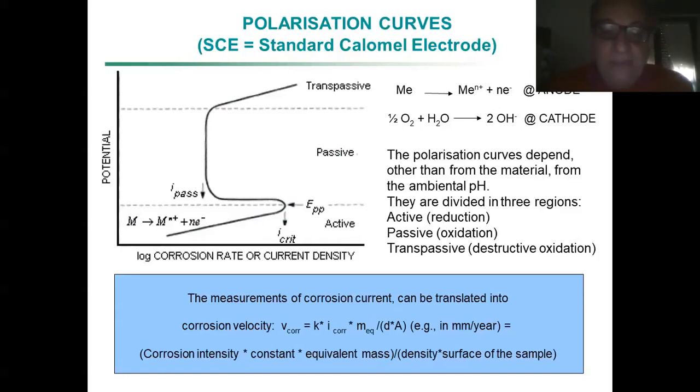But apart from this consideration, what is important is that in our application of a potential, we distinguish three different regions. Of course, one would need to have an electrochemical corrosion in the process, otherwise no current would pass.